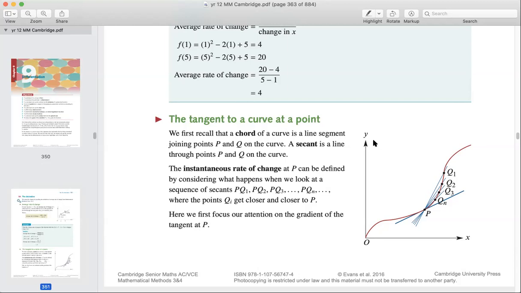Then I keep moving until Q and P essentially overlap and become one point. Suddenly this line becomes a tangent line, which means it only has one intersection with our curve, right? So we focus our attention on the gradient at P of this tangent line.